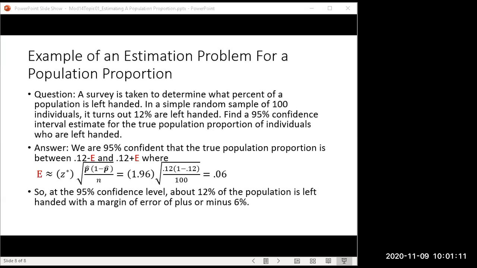So it's probably close to our 0.12, within plus or minus a margin of error E. So we're going to be 95% confident that p is between 0.12 minus E and 0.12 plus E.